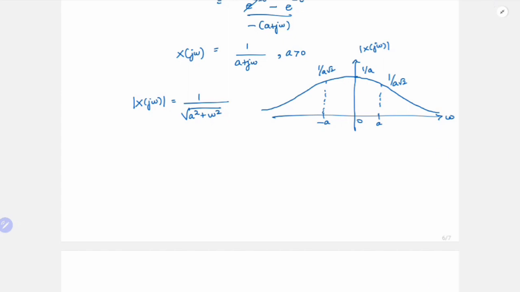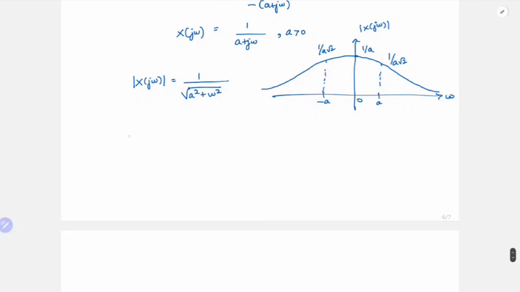What this implies is that it has the highest DC component of 1 by a, and then for other frequency components, the contribution to x of t is decreasing, and as omega tends to infinity, it also goes to 0. The contribution is going to 0. That's what it means. And let's see the phase of X of j omega.